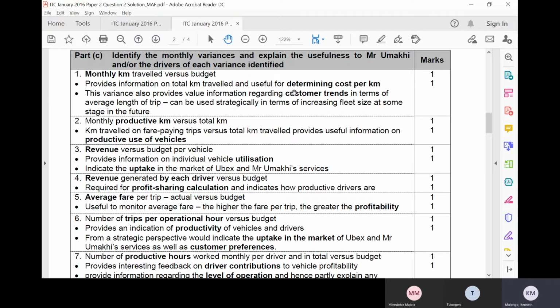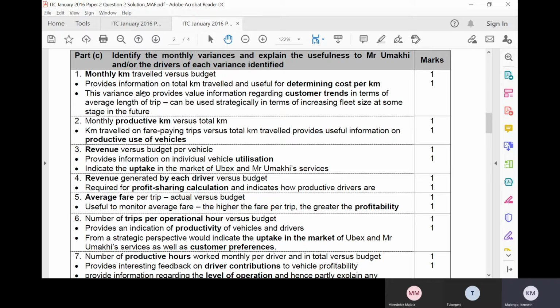What's cool about this solution is that it would have asked us as students to come up with these responses. But what would also be useful for you now is that you could keep the solution and use it as a template, almost like a study cheat sheet, to explain why variances are useful.